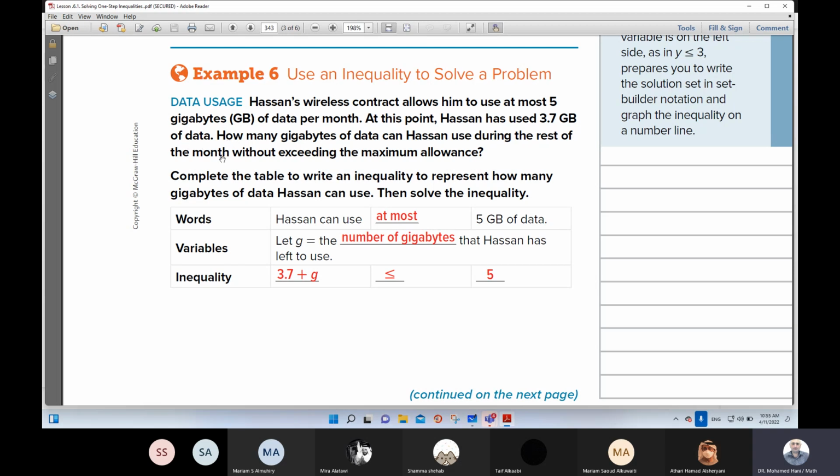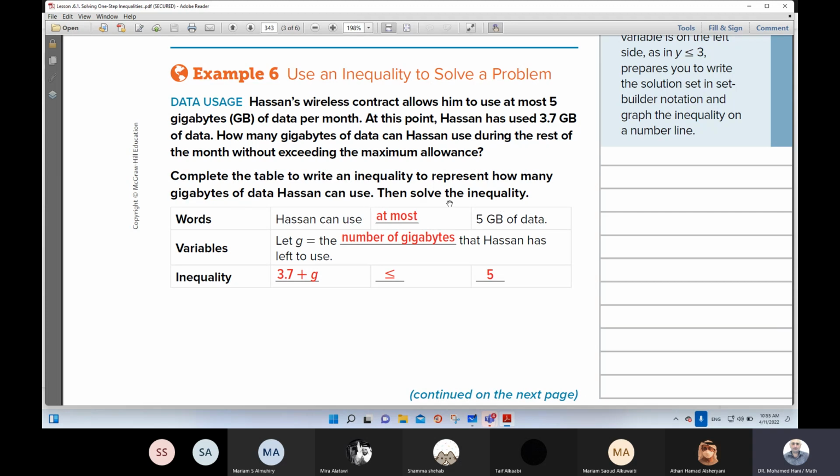How many gigabytes of data can Hassan use during the rest of the month without exceeding the maximum allowance? Complete the table to write an inequality to represent how many gigabytes of data Hassan can use.